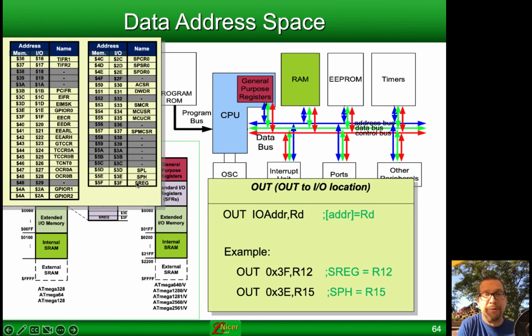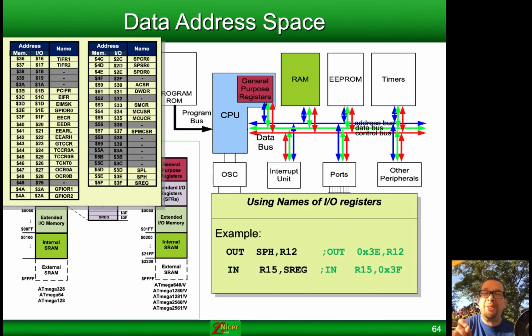So 0x3f is the status register right there, comma R12. If we wanted to take the contents of the R15 register and place it in the SPH register, we would say out 0x3e. 3e is the SPH register in the IO space, and we say comma R15.